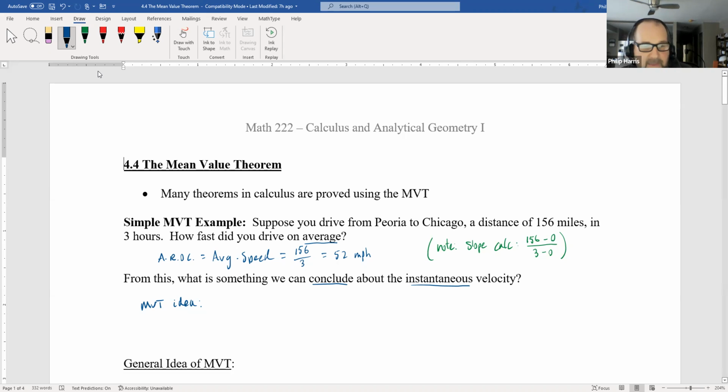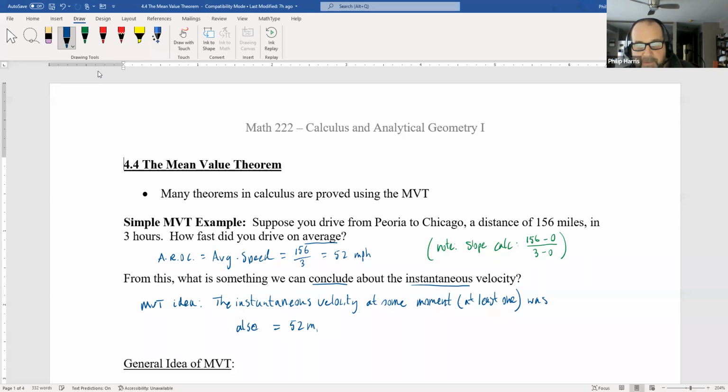So what the mean value theorem says is that the instantaneous velocity at some point, at some moment, and again, it has to be at least one moment, but it could be others as well, was also equal to 52 miles per hour.